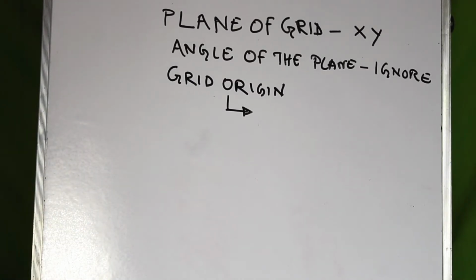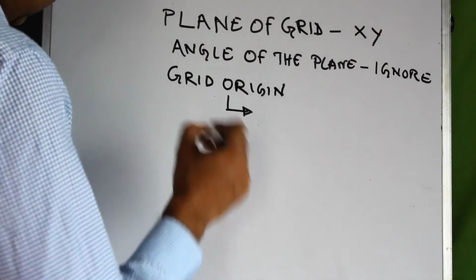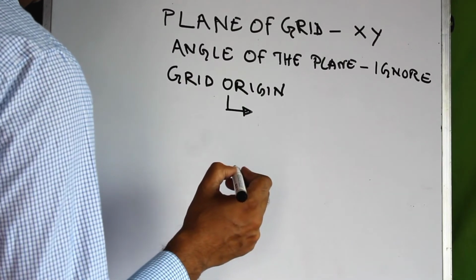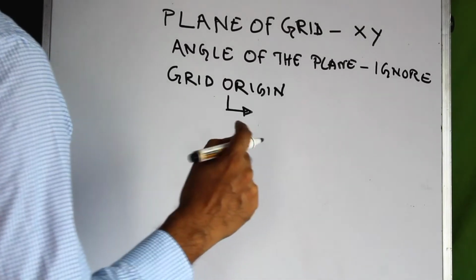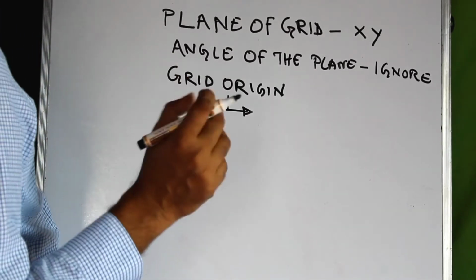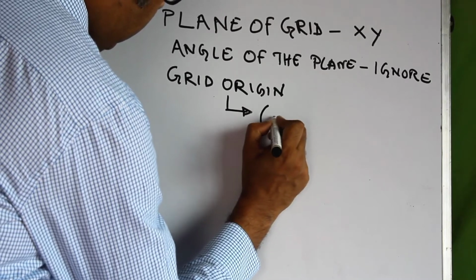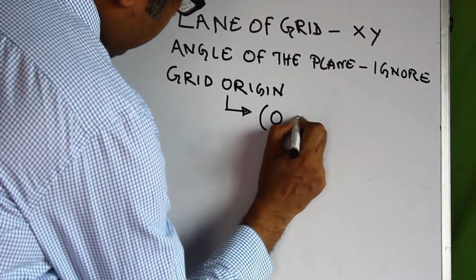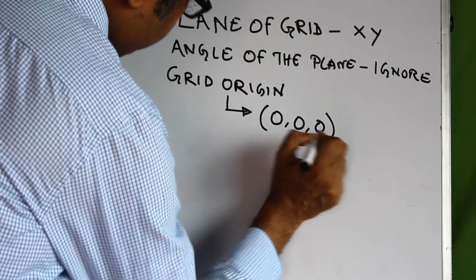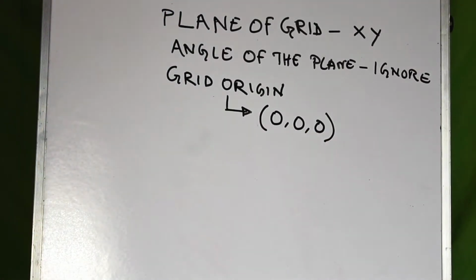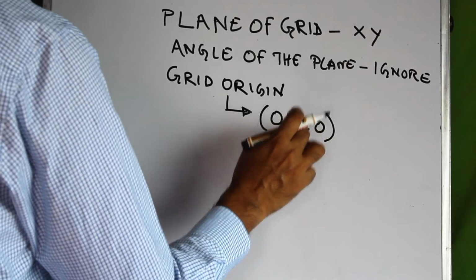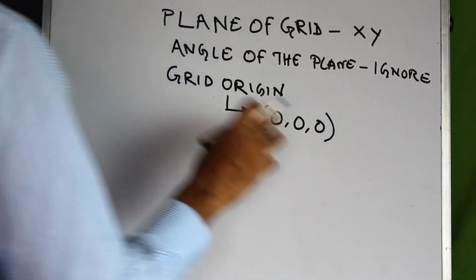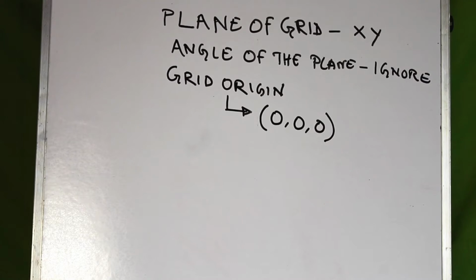For our purpose, let us define the grid origin as the global coordinates of the origin of the global axis system. So then the grid origin, we will define that at coordinates 0, 0, 0. And as I've said, this point would also represent the origin of the global axis system.